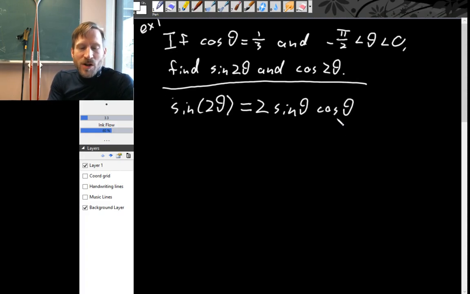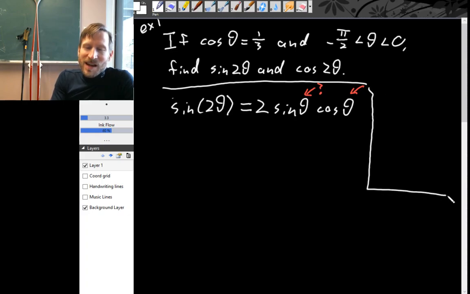Okay, and we know cosine theta already, so that's good. But sine theta, we don't know sine theta yet. We're going to have to figure out sine theta. So over in the margin here, let's figure out sine theta. And I guess we could maybe draw a most important diagram. Something like this.